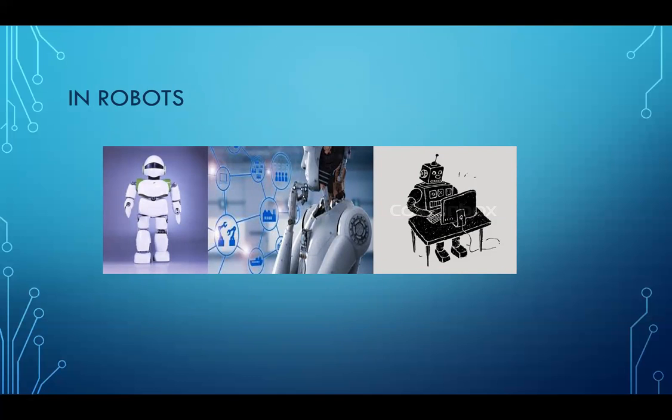If any ship sinks, then we use robots to find the ships, and different kinds of minerals we find under the sea or any place on earth where digging is difficult for humans, so we use robots there.